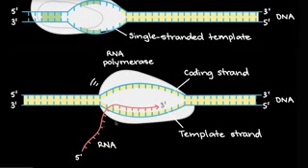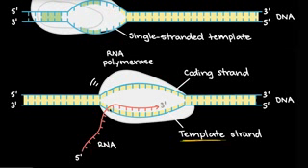But let's think about this a little bit. We could call the side that is interacting the template strand, because that side of the DNA is acting as the template for forming that RNA.